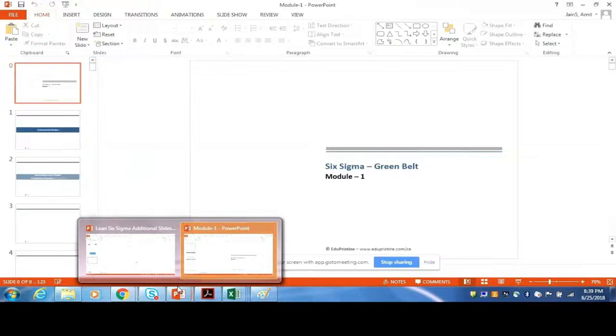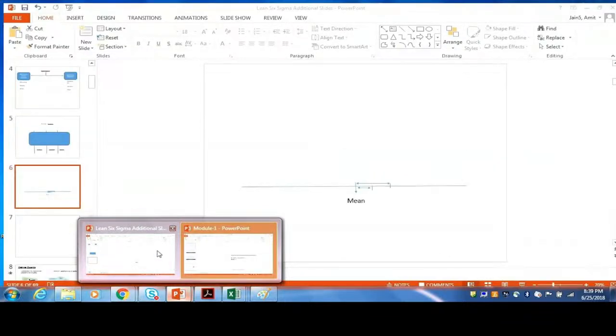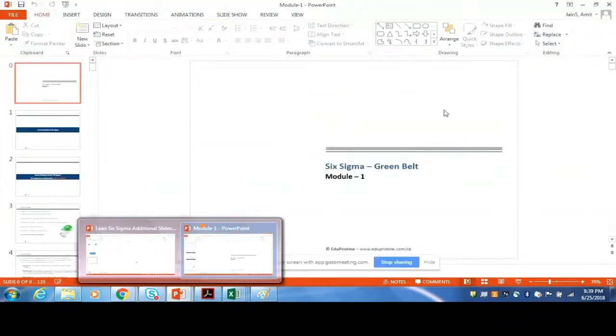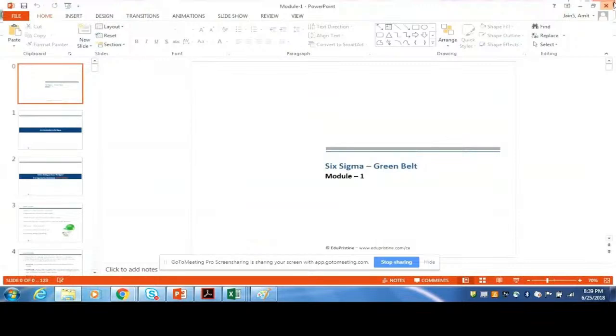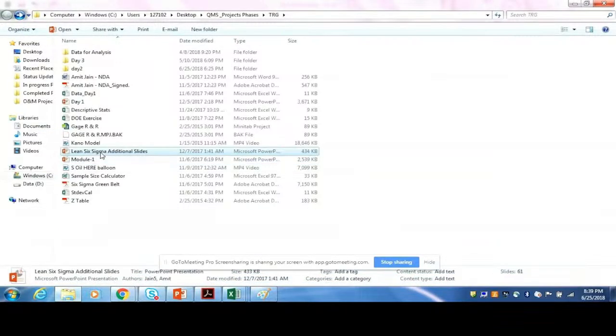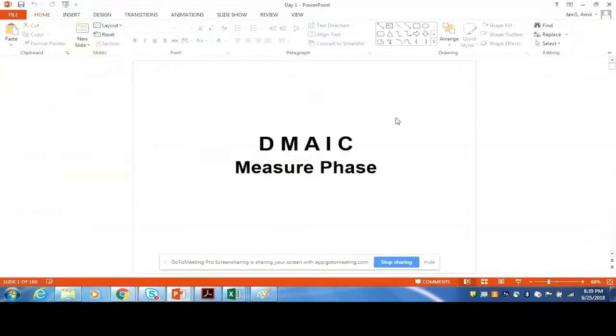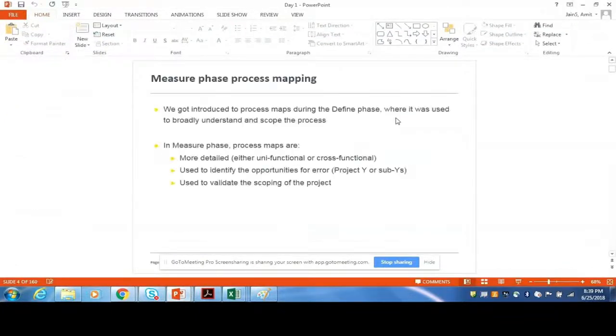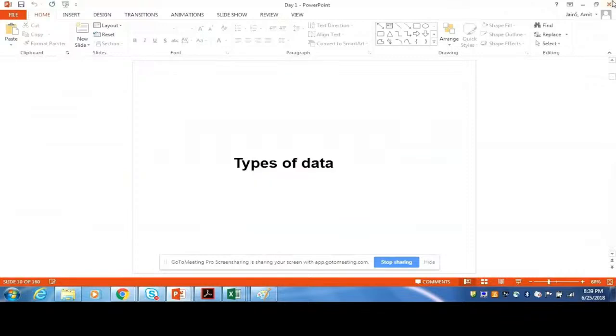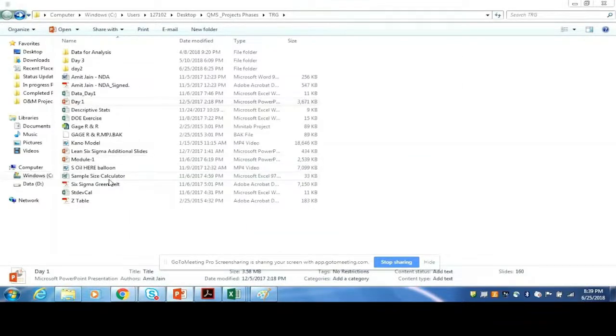I was not able to download the GoToMeeting application, otherwise I would have done all these things in the back end. Now you are able to see everything which is there on my screen.